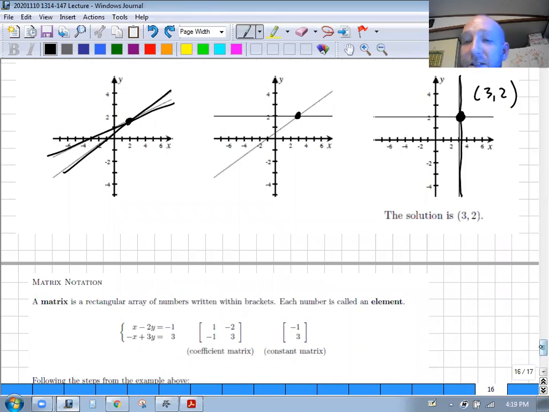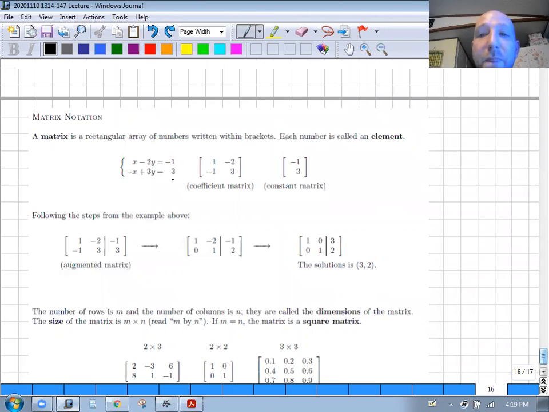Instead of writing x's and y's everywhere, you just write it like this. So you have a 1x and a negative x, so a 1 and a negative 1. You got a negative 2 and a 3. You got a 1, negative 1 and a 3.